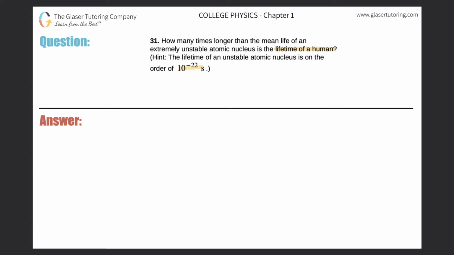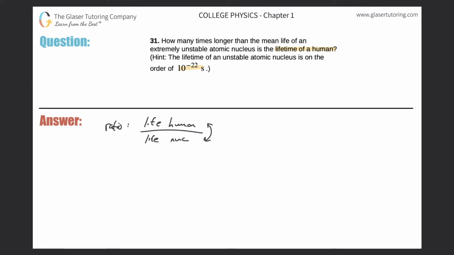We're trying to find the ratio of the lifetime, I'll call it life of a human, to the lifetime of an unstable nucleus. Now remember, in any ratio, especially if you're comparing two things to one another, it's best to compare apples to apples, meaning that the units must be consistent between these two.